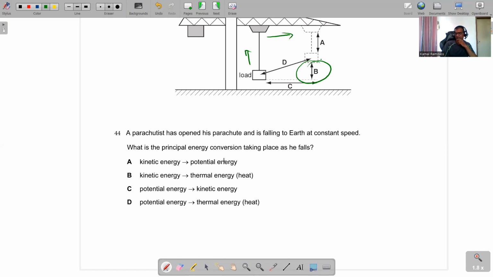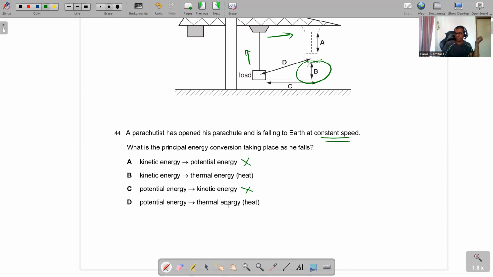Can kinetic energy become potential energy? No. Kinetic energy becomes thermal energy? Potential energy becomes kinetic energy? No, because at constant speed the kinetic energy cannot change.